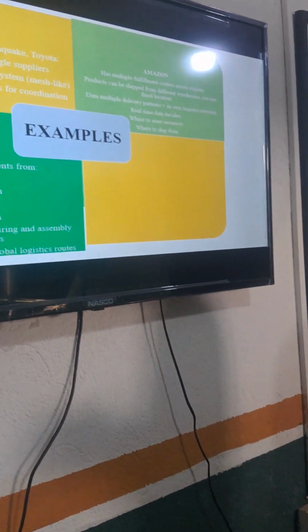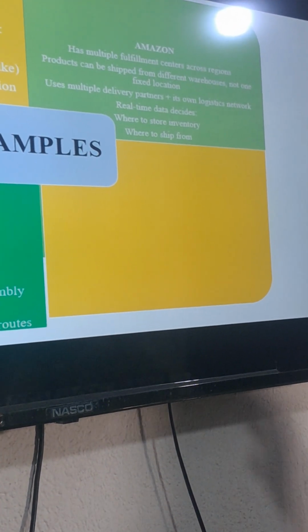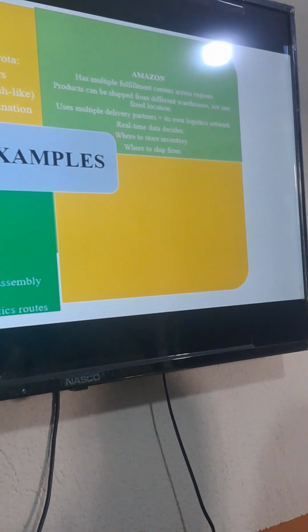And the last example is Amazon. We all know the giant of logistics. Amazon has demonstrated that they are one of the giant logistics operation companies in the world. They have so many distribution centers or regions across the world. It has become so flexible that when you place an order, it doesn't go to a central decision body that will disseminate the information.